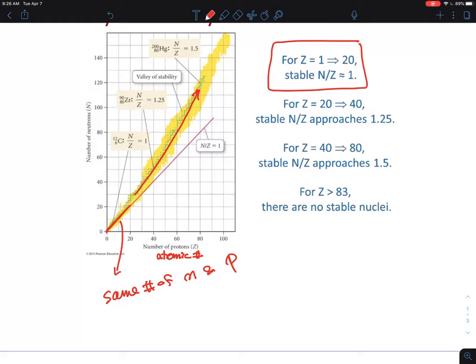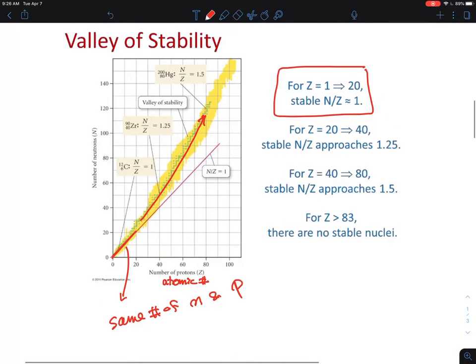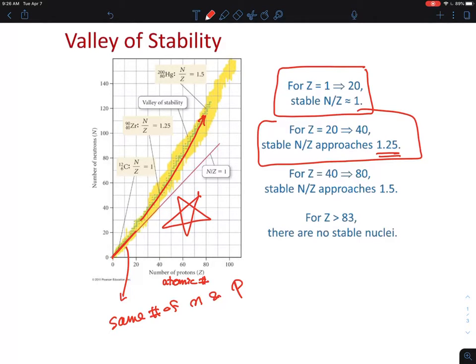What's actually important for me to remember also is that 20 to 40 has a little bit more and more neutrons. But what's important here is this section, where neutron numbers are smaller than the number of protons, and that's not really favored. Not the other way, right?